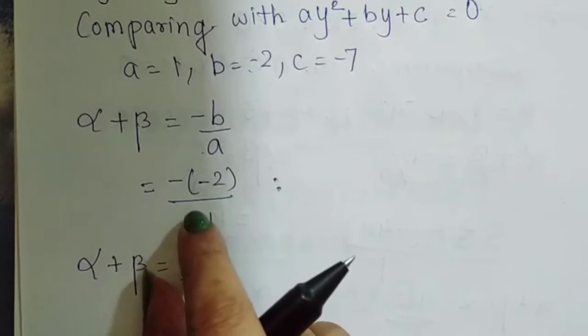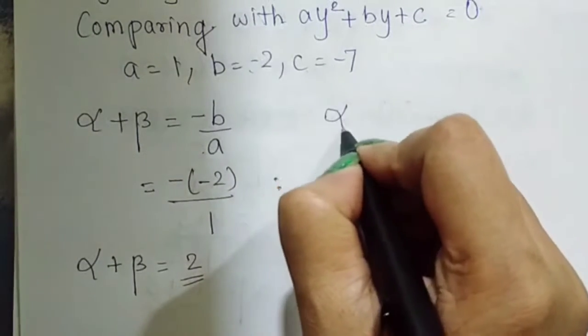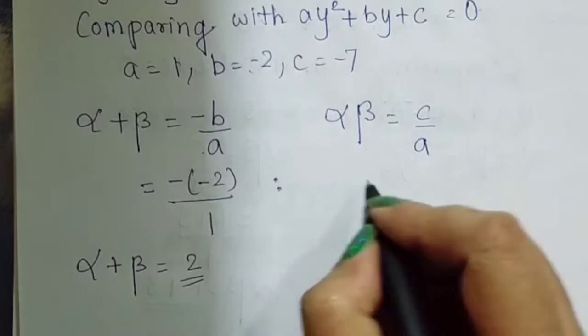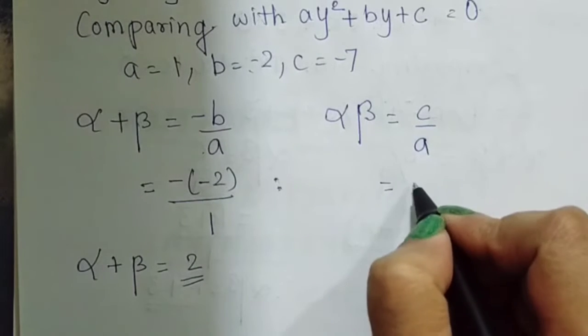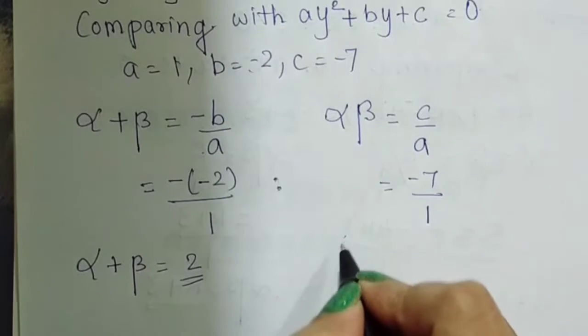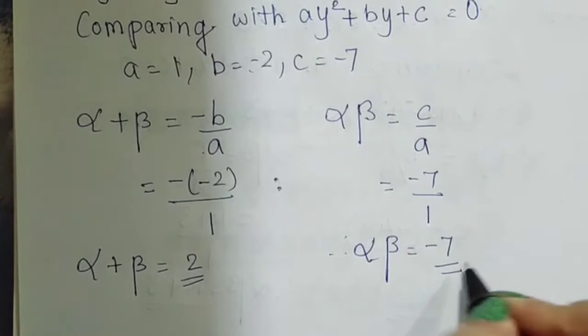Minus minus plus, there is no need to write 1. Again here alpha into beta is c upon a. c value is given -7, a is what? 1. So therefore alpha beta is -7.